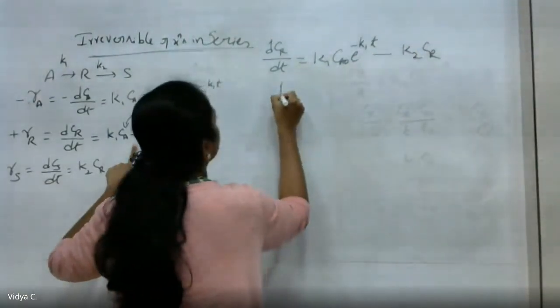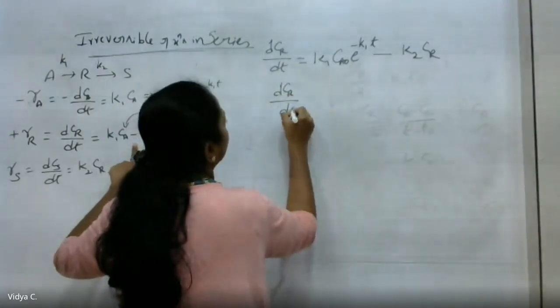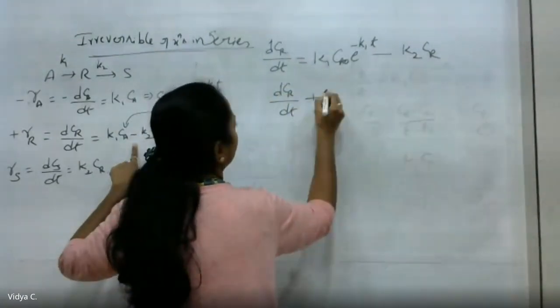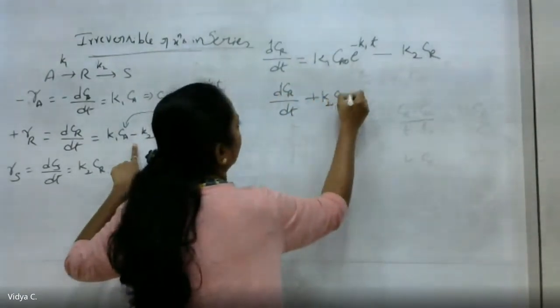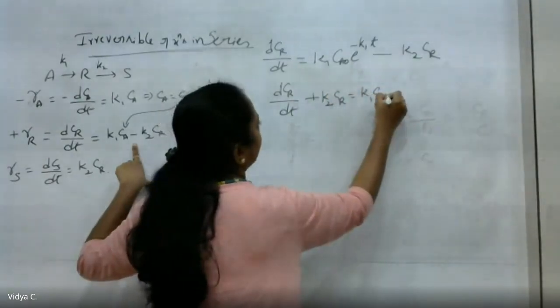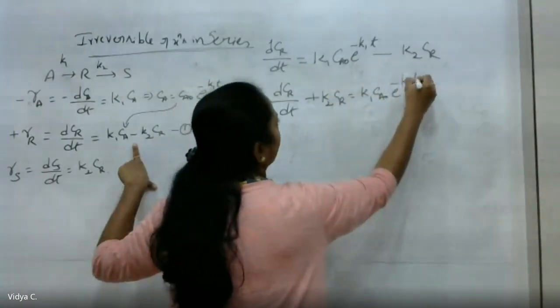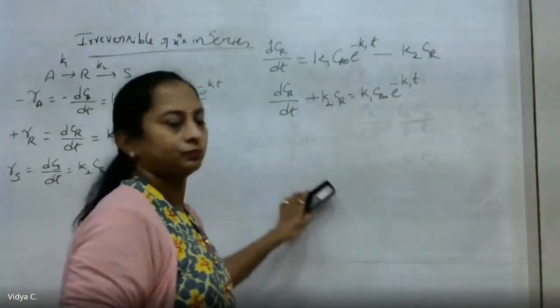I now solve this equation as dCr by dt plus K2 CR is equal to K1 CA naught e to the power of minus K1 into t.